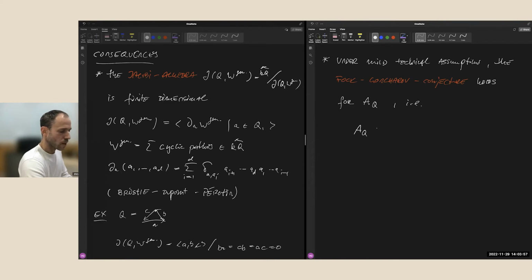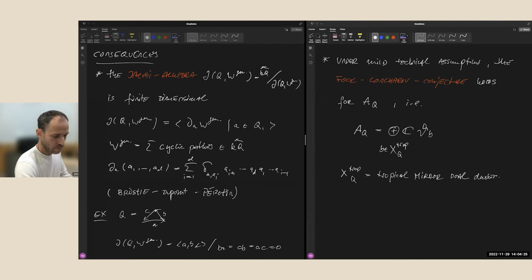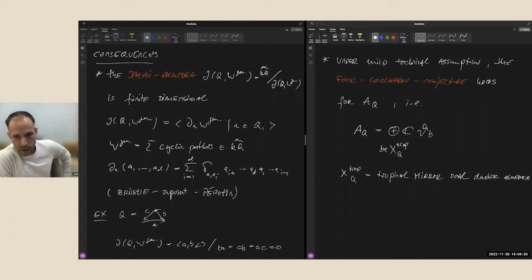That means AQ has a nice basis of theta functions parametrized by the tropical points of the mirror dual cluster algebra. So this is the lattice Z^n, where n is the number of vertices. And this is due to Gross-Hacking-Keel-Kontsevich.